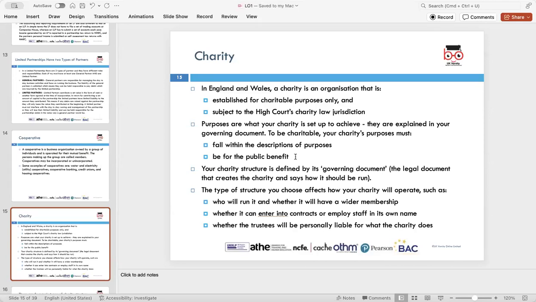The type of structure that you select has an impact on many aspects of your charity's operations, including but not limited to the following: who will be in charge of it, whether it will have a larger membership, whether it will be able to enter into contracts or hire staff in its own name, and whether the trustees will be personally liable for the actions of the charity.